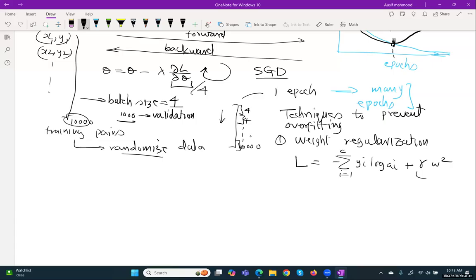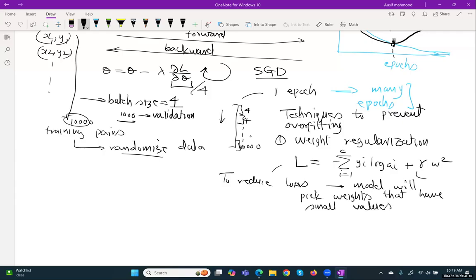So automatically, to reduce the loss, okay, as you can see, the model will pick weights that have small values.